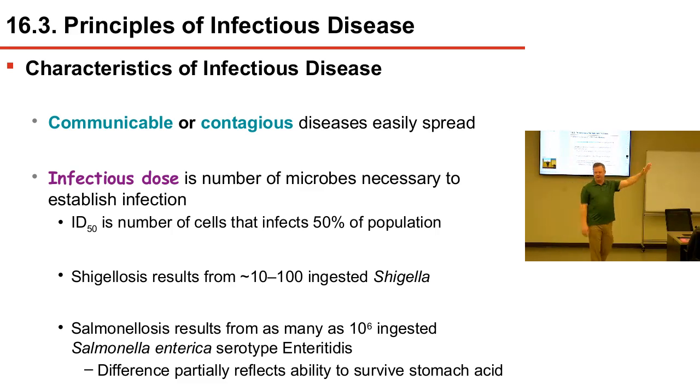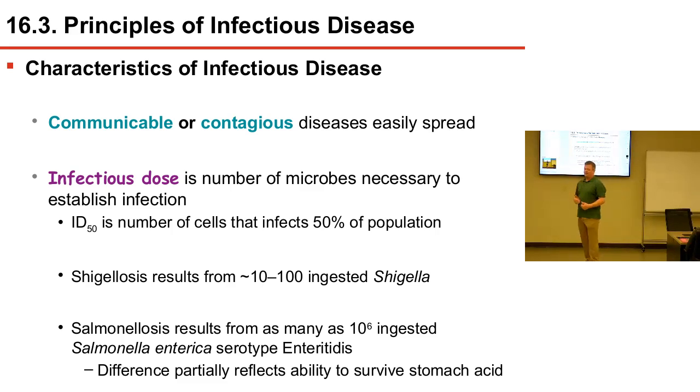Shigella is able to handle the stomach acid, so it's able to pass easily through to the intestines. Once it gets into the intestines, that's where it's going to establish disease, colonize, and start causing disease. Salmonella, you have to have 1 million because they're not acid resistant. So it takes a lot more for just a few of them that maybe survive to get into the intestine to establish disease.